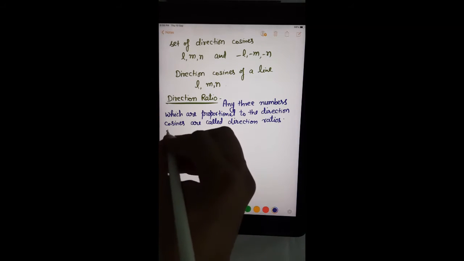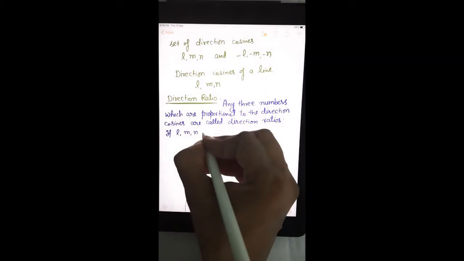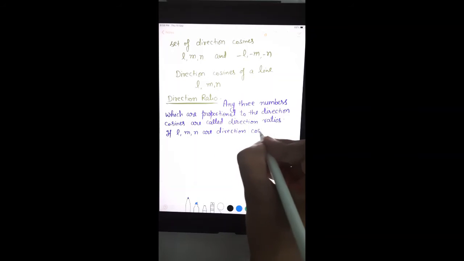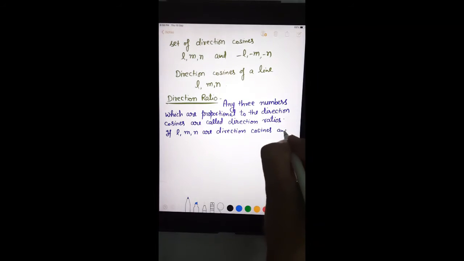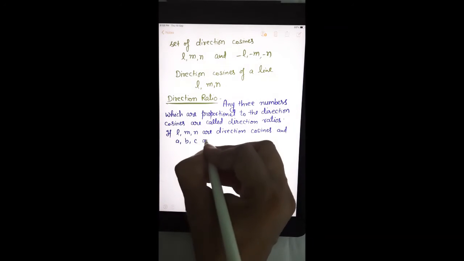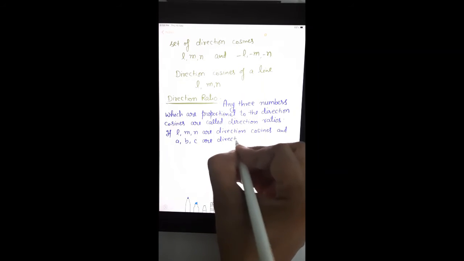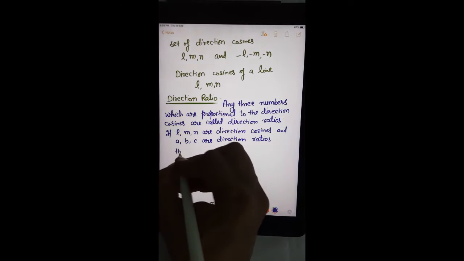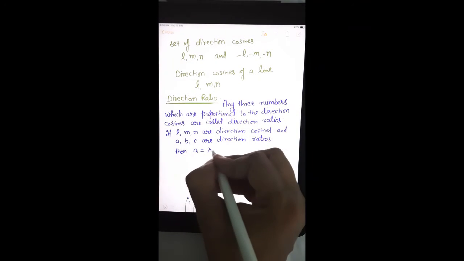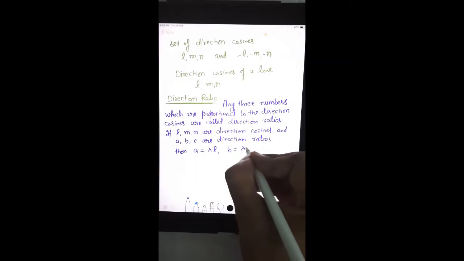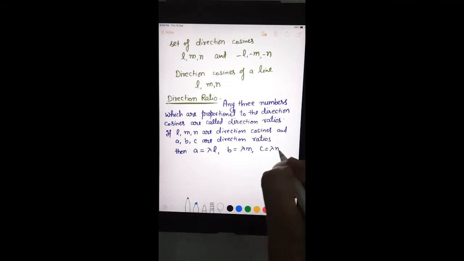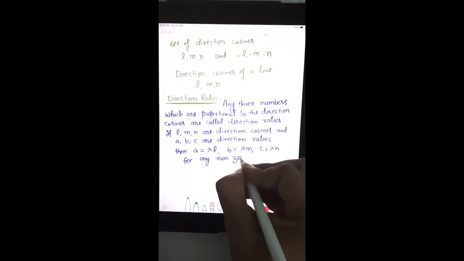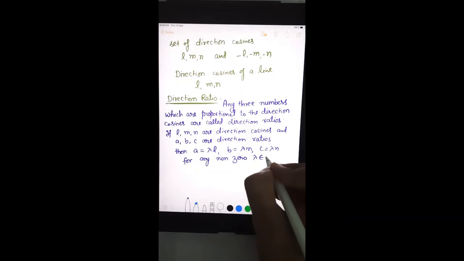So if L, M, N represent the direction cosines, and A, B, C are direction ratios, then A is equal to lambda into L, B is equal to lambda into M, and C is equal to lambda into N for any non-zero lambda which belongs to the real numbers.